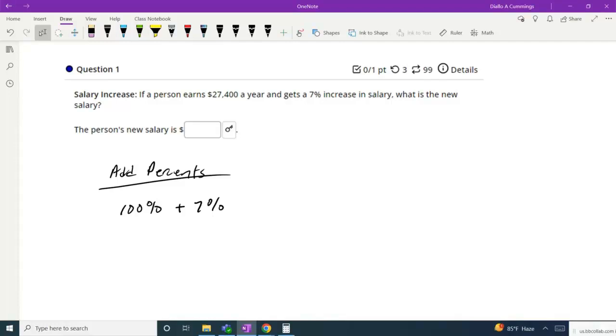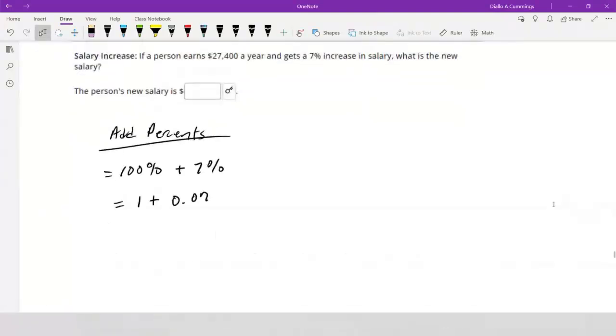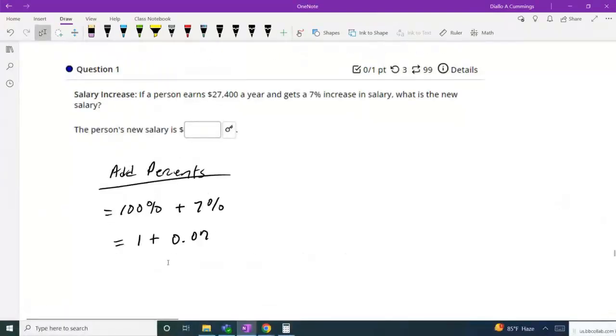So 100% as a decimal is 1, plus 7% as a decimal is 0.07, right? Because we dropped the percent and we move that decimal twice to the left. So if I add the 2, I get 1.07.